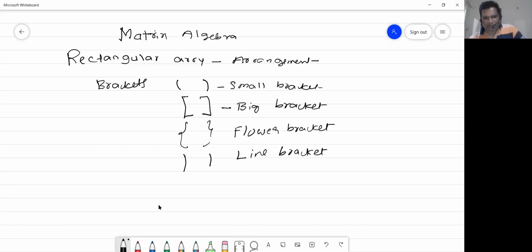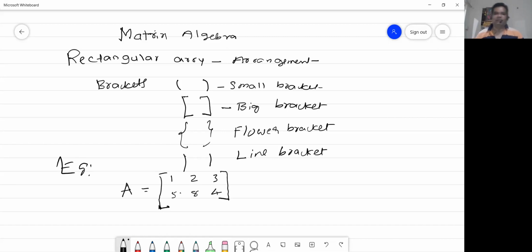Now, how does a matrix look? I will take one example of a matrix. I'm naming the matrix A, and it looks like this. I will write the numbers 1, 2, 3, 5, 8, 4. This is a matrix.